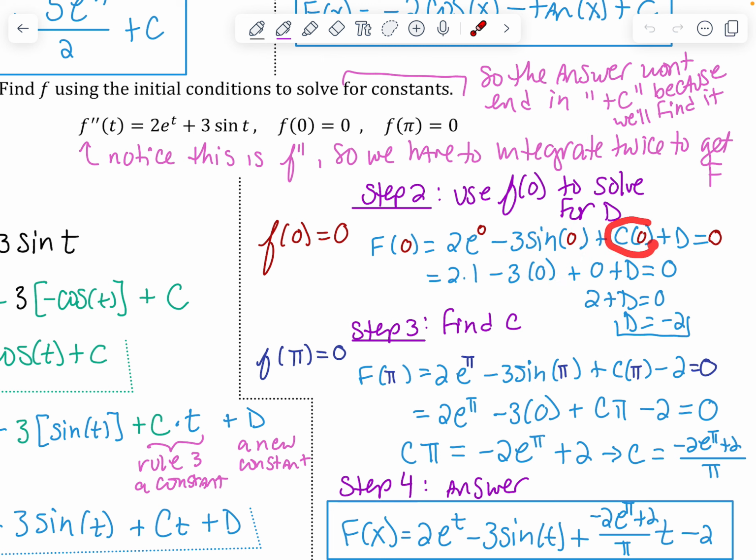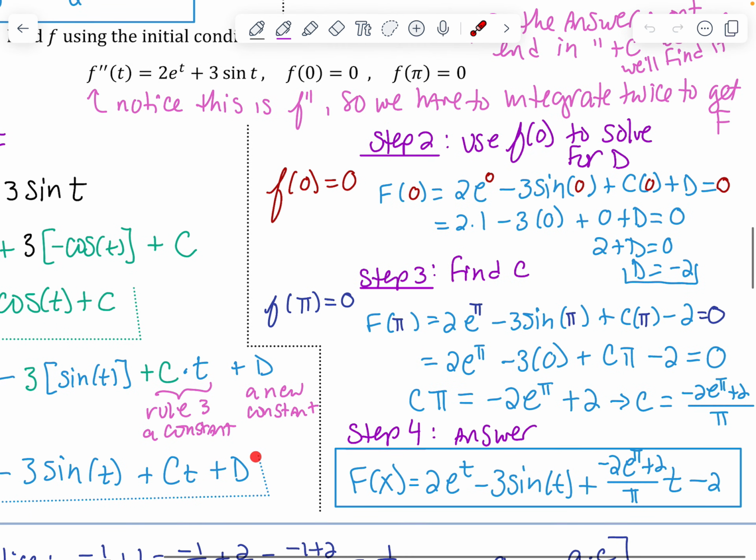So negative 3 times 0 is gone. My constant times 0 is gone. But my constant that is not multiplied by anything is there. So I'm just left with 2 plus d equals, well, in this case, we were told 0. So I can subtract a 2 from both sides to get d is negative 2. So I can come back to that formula, and where d is, put a minus 2.